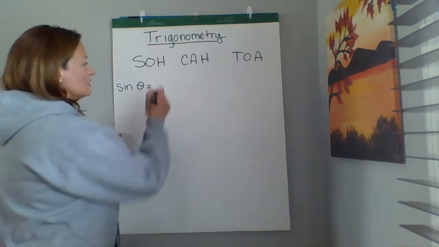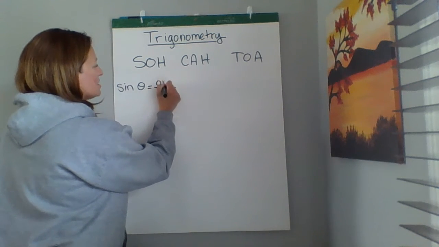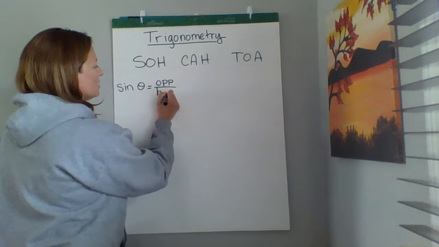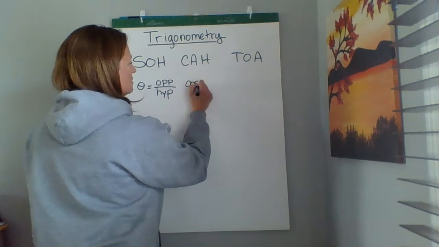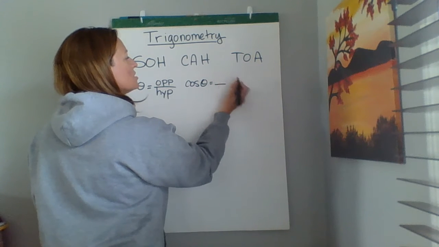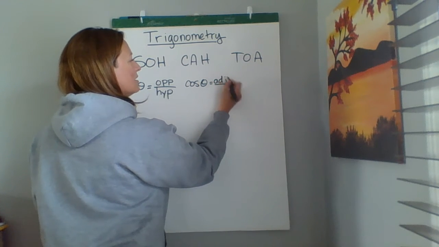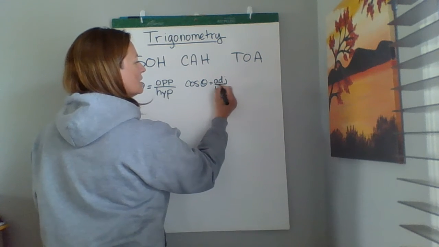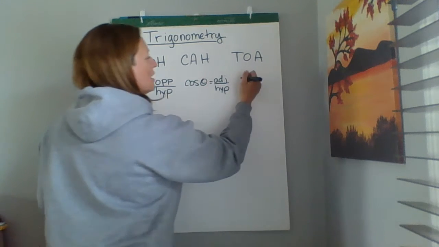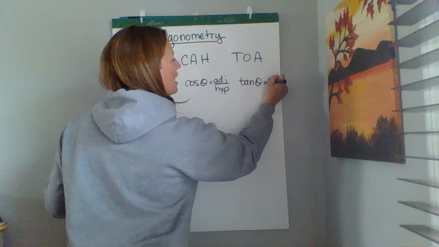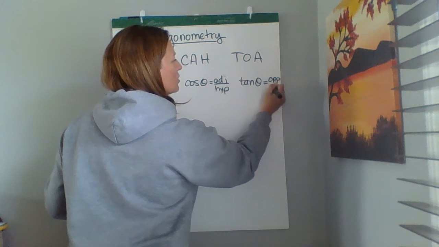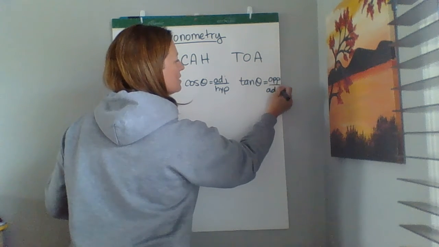Sine of an angle is equal to opposite over hypotenuse. And cosine of an angle is equal to the ratio of the adjacent side over the hypotenuse compared to that angle. And tan of an angle is equal to opposite side over adjacent side.